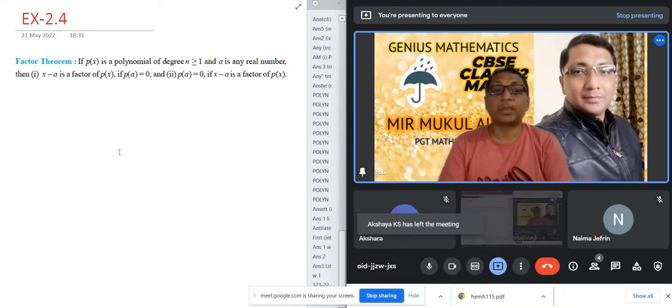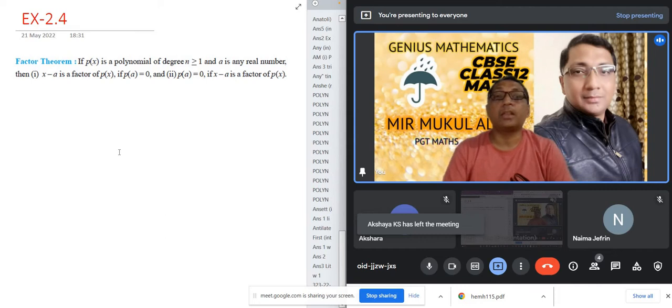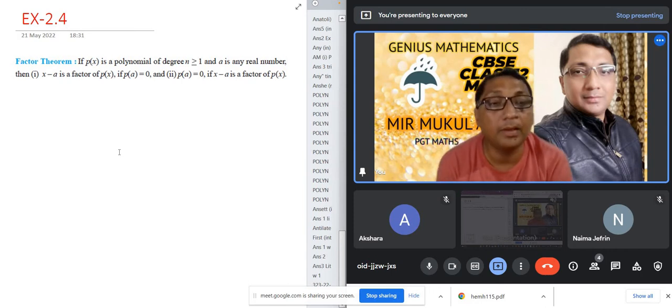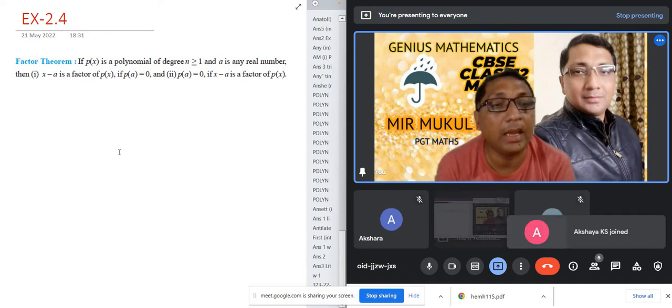So first try to understand what is factor theorem. In remainder theorem, what have we learned? If a polynomial is divided by x minus a, then the remainder will be p(a).